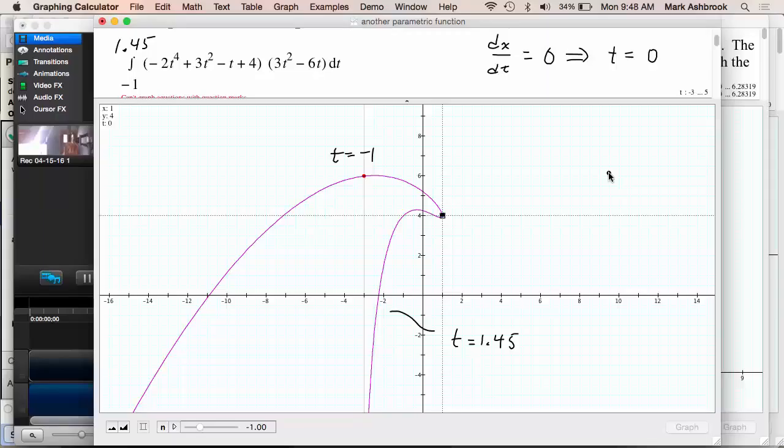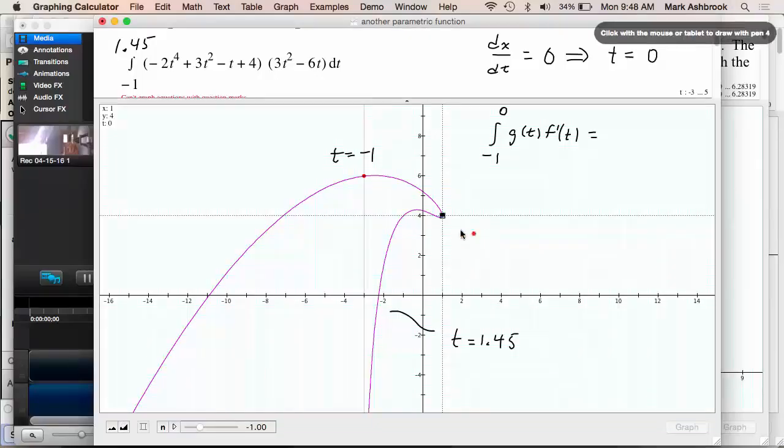And so if we can figure out what that will be. So if we go from -1 to 0 of g(t) f prime of t, so what I'll do is I'll shade that in red. Hey, thank you. Yes, that's important. It's part of the math. Since I wrote the integral in black, I will shade that in black.